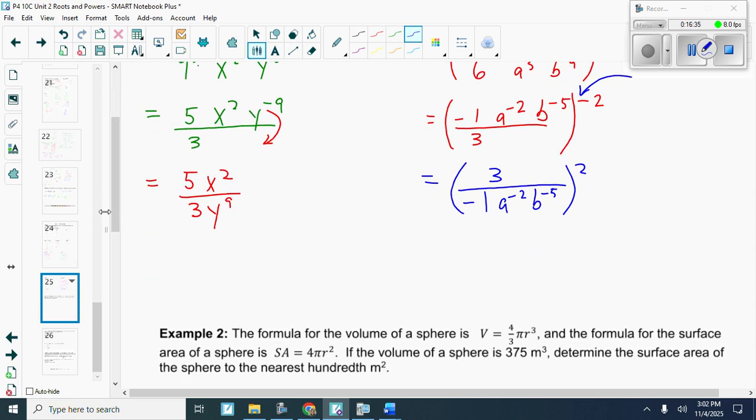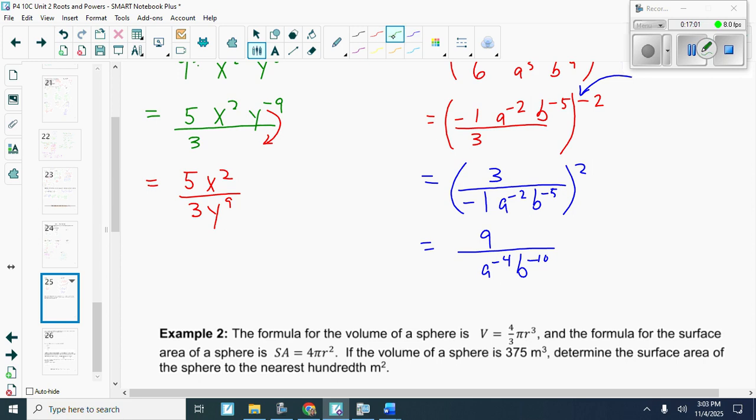Now I'm going to square everything that's in my brackets. So the 3 gets squared, the negative 1 gets squared, power of a power, all of these things. Here's what it looks like. I end up with a 9 on top, this negative 1 becomes a positive 1, and then I have a to the negative 4, b to the negative 10.